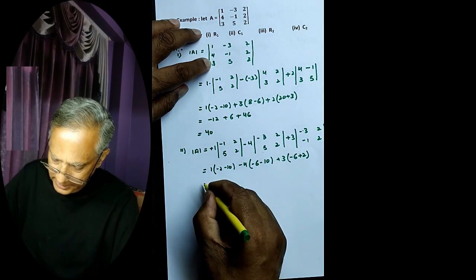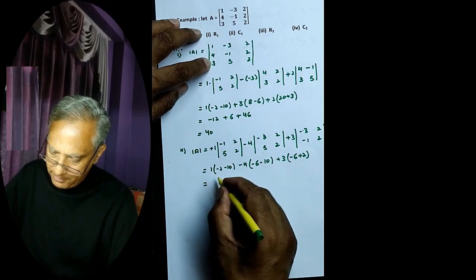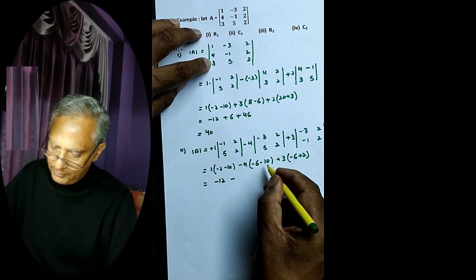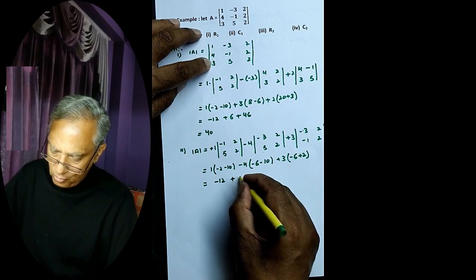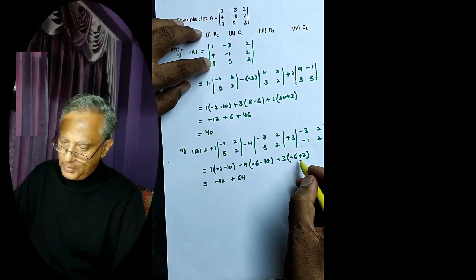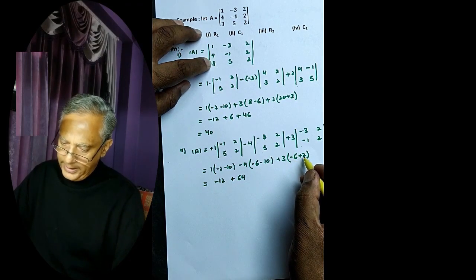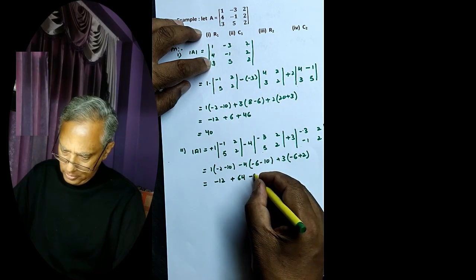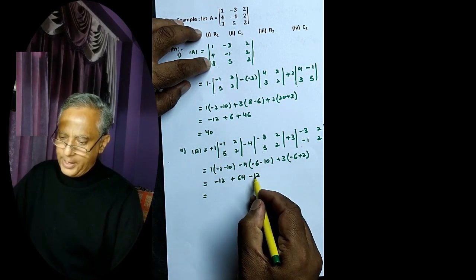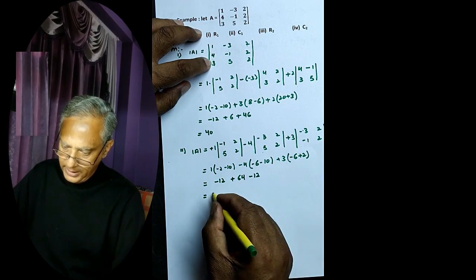And on evaluation, we get this will be minus 12 minus plus 64. And this entry will be minus 4 into 3 is minus 12. So this will be 64 minus 24. So this will again be 40.